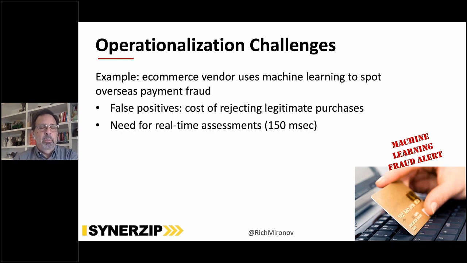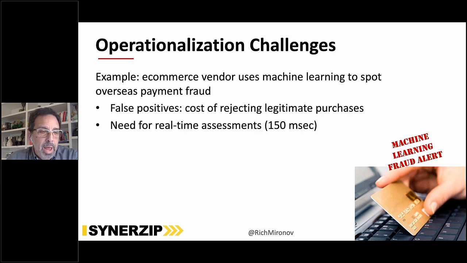We need to think about timing. In this instance, I'm assuming some consumer is looking at a screen, looking at a browser, and they're going to hit the buy or not buy button. And so we have to get a real-time assessment about how long it's going to take to decide if this is fraudulent or not, something on the order of 150 milliseconds.